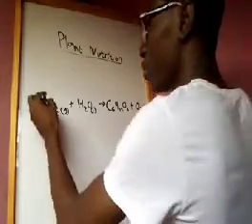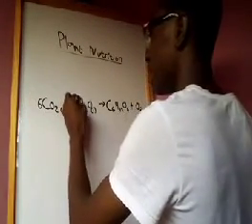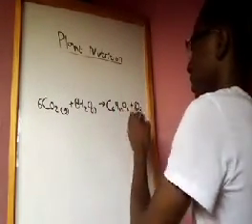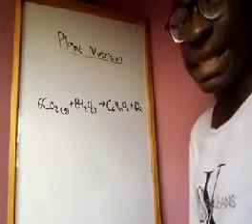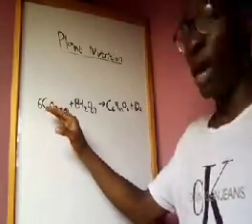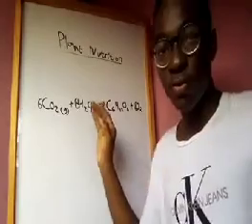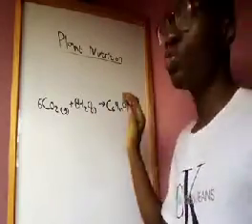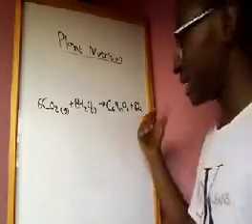If we balance the equation, we put 6 here and 6 here. That means it takes 6 molecules of carbon dioxide with 6 molecules of water to produce 1 molecule of glucose and 6 molecules of oxygen.